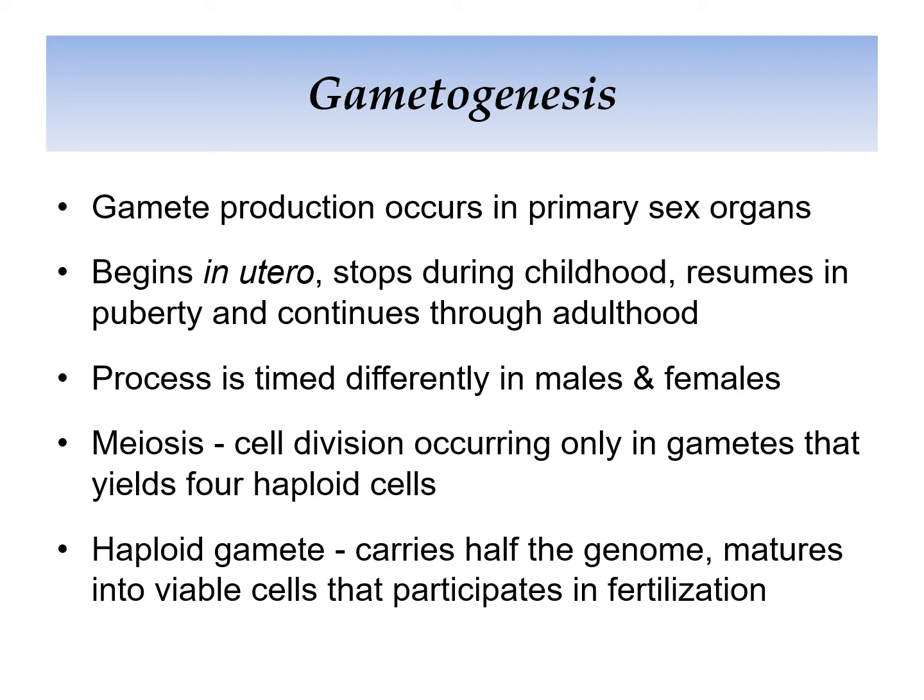And this process is timed differently in males and females. As you know, the age of our puberty, or onset of menstruation, or development of secondary sexual characteristics, is later in men. But this varies and is also very dependent on diet.